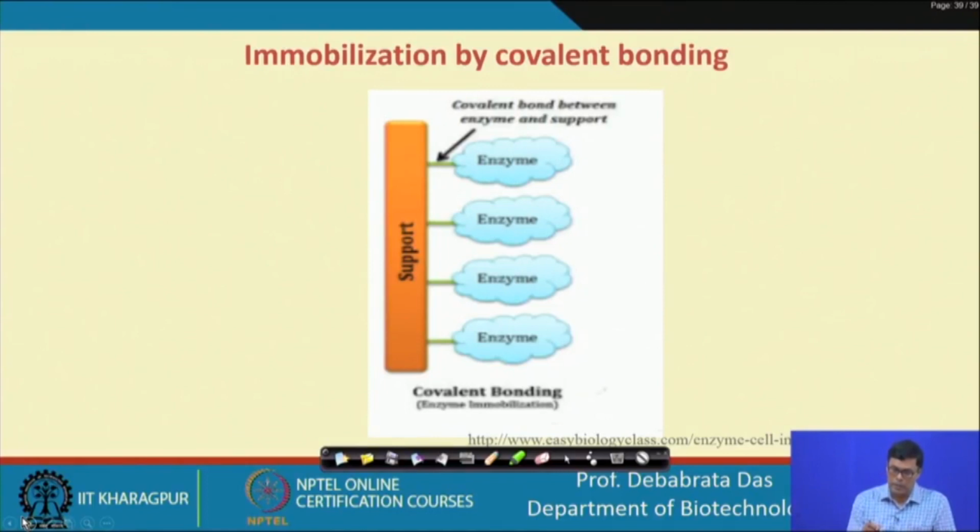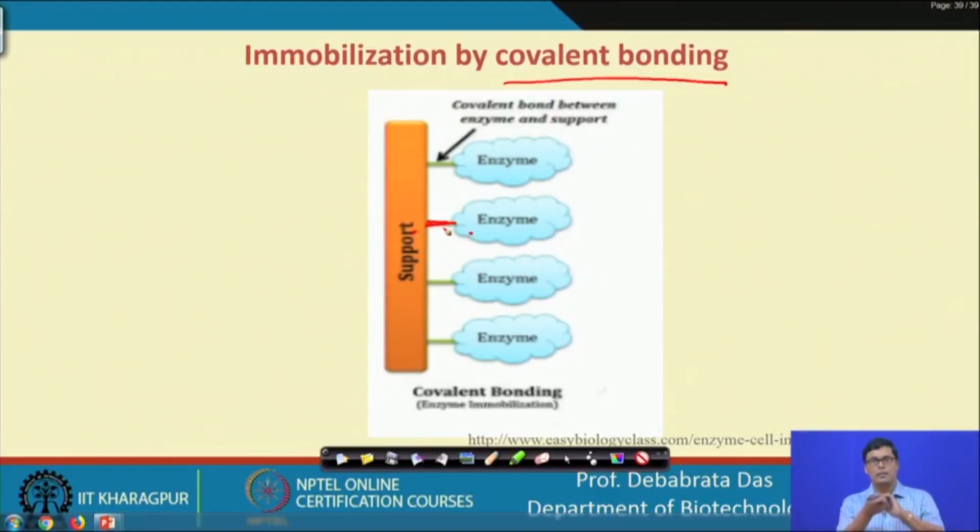But the strongest bonding that we have is covalent bonding. This covalent bonding appears to be the strongest, and you see that there is a bond between the support material and the enzymes. This is electron sharing, and due to sharing of electrons it holds the enzyme very tightly.